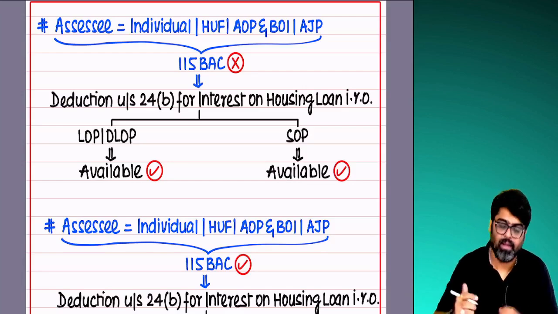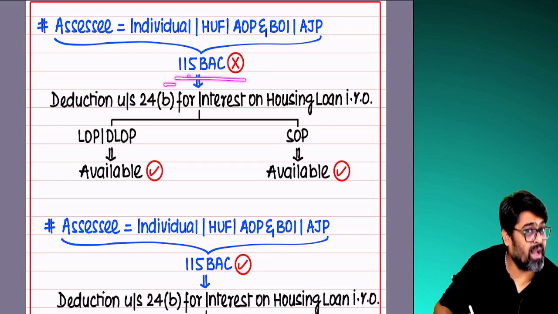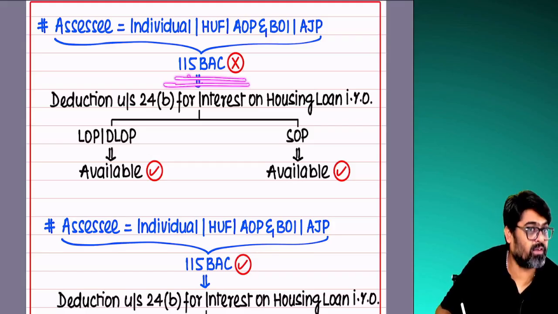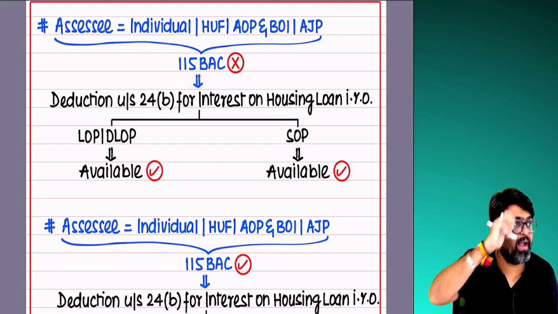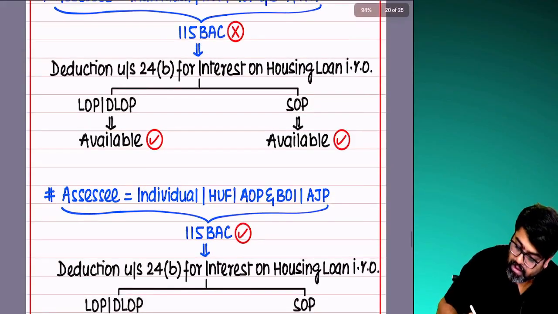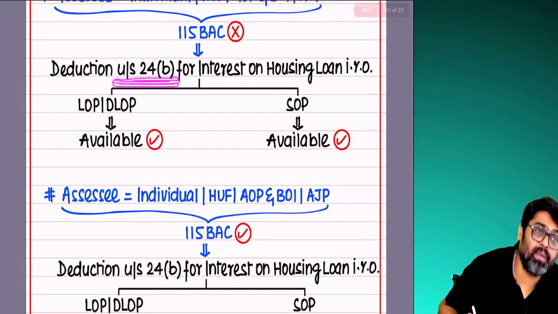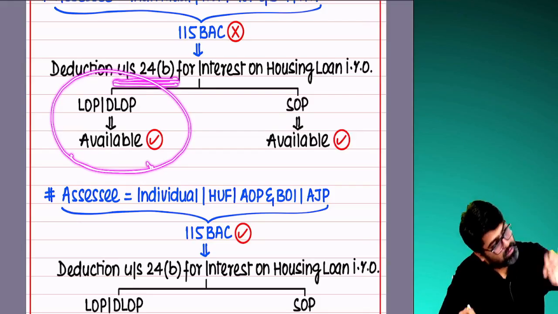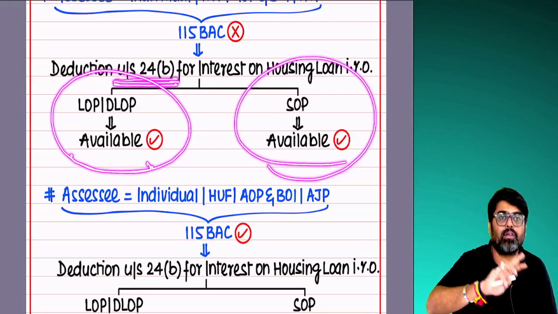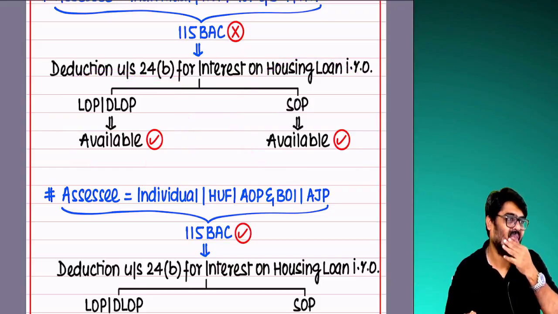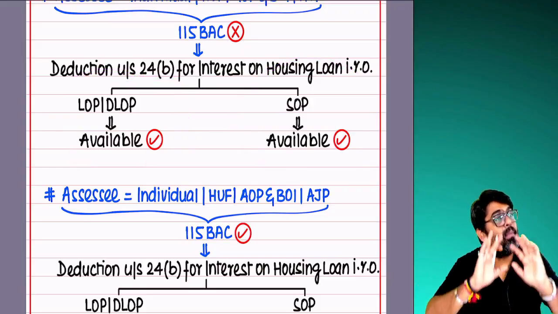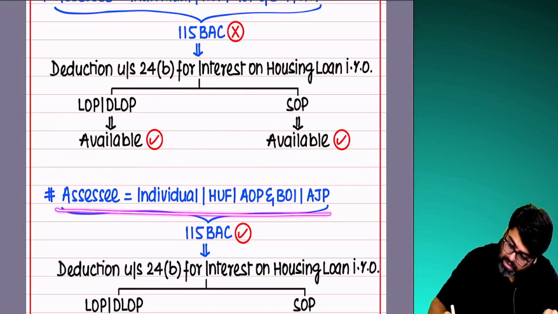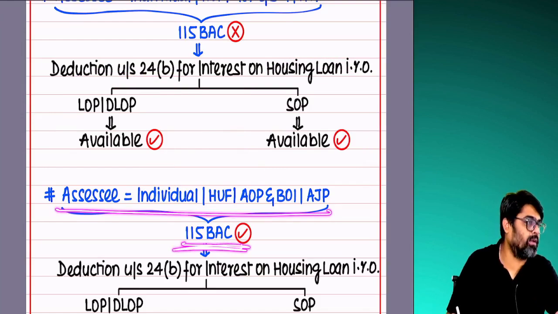So if you are shifting out from 115BAC, meaning you are not following 115BAC, then deduction under section 24B you can claim it for your LOP, DLOP, unlimited amount, and also you can claim it for SOP subject to maximum 2 lakhs. But what if the assessee follows 115BAC?